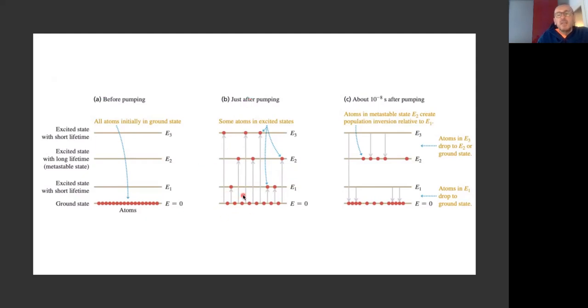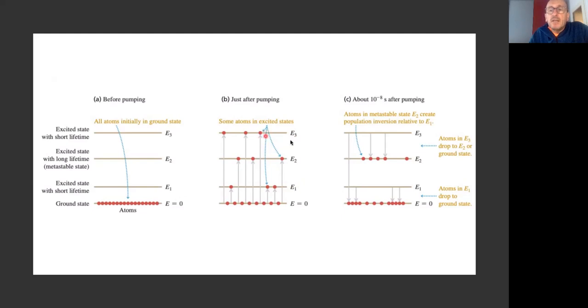But what happens next is that these atoms will decay very rapidly by different mechanisms. This could be collisions, for example, from here to here, or it can be optical. This is a short-lived state, and T3 is almost equal to T1, so this level is going to be depopulated very rapidly.